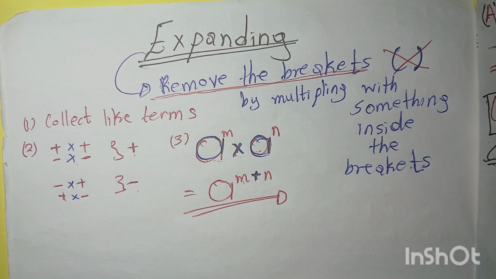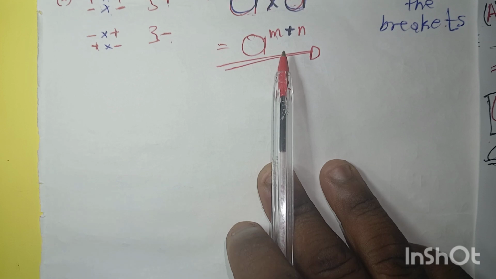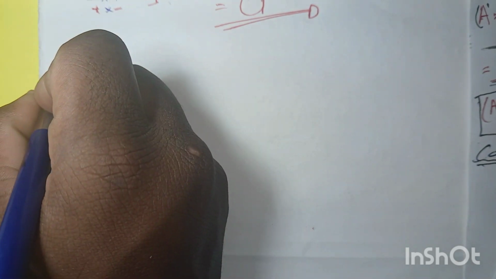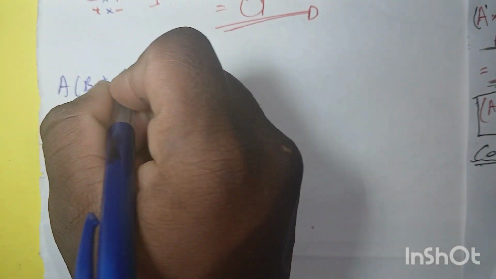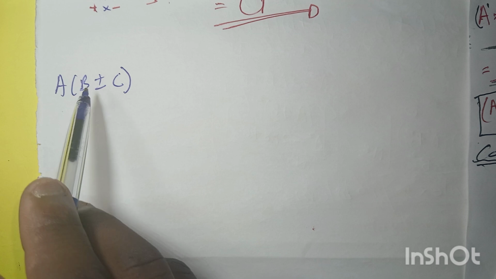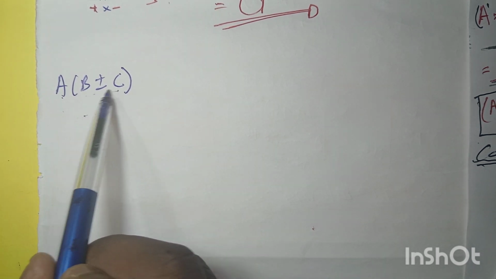Do you understand? So let me show you all the formats that you will usually come across. The first format is this one: a(b plus or minus c). This is the most common format, where there is something that you should multiply inside two terms.